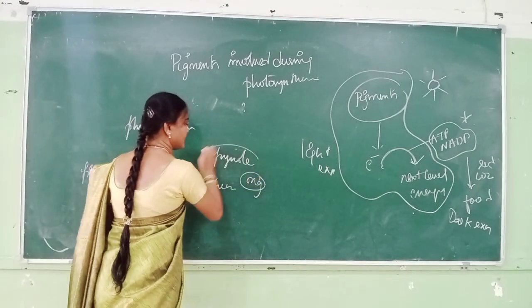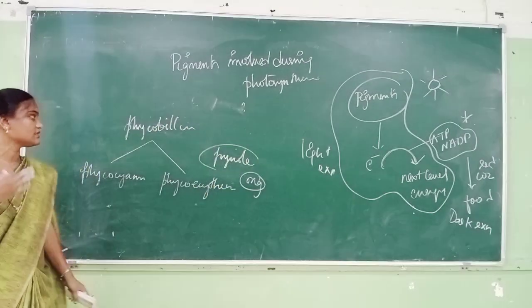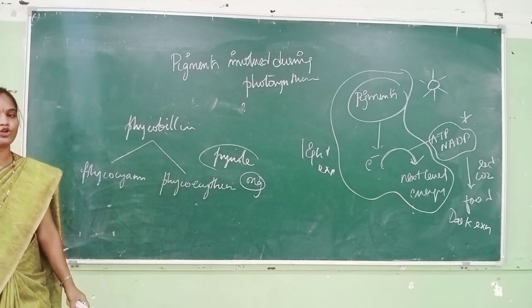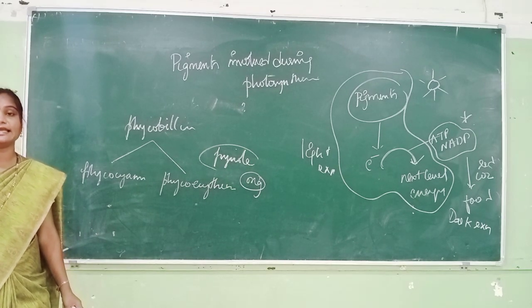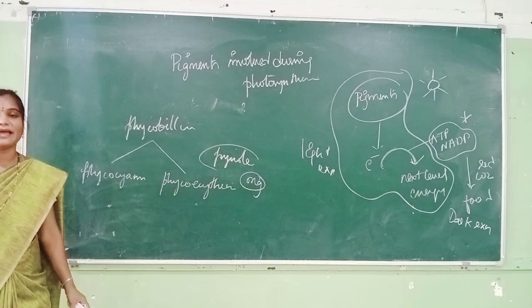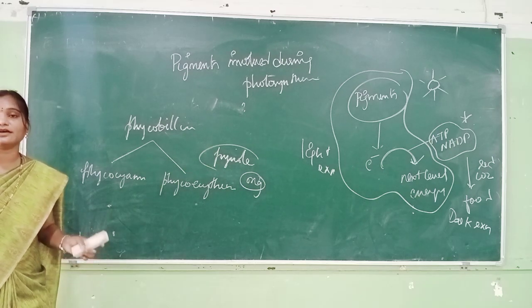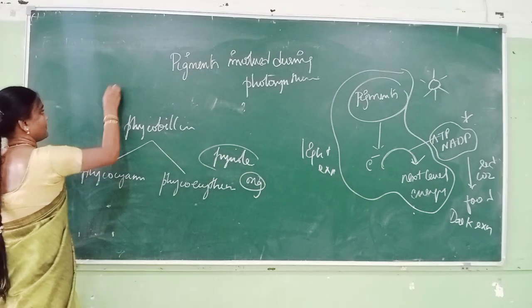As I said earlier, all these phycobilins and carotenoids, chlorophyll B, chlorophyll C, D and E, bacteriochlorophyll, bacterioviridic chlorophyll, are nothing but accessory pigments.